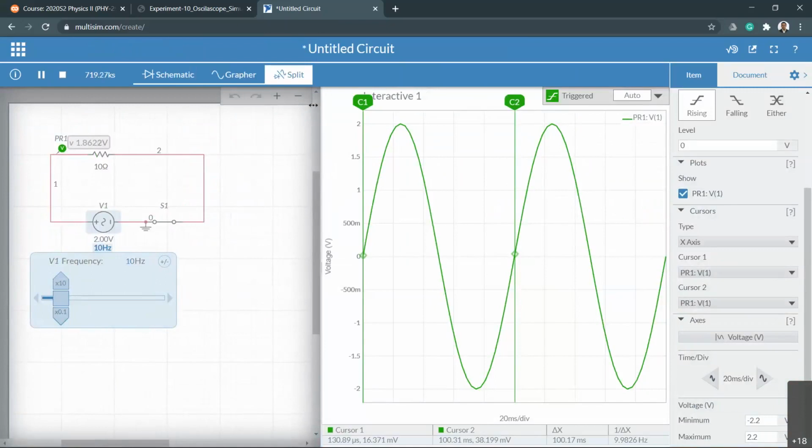But actually in a real class, this is much easier to do because these cursors, I can move very, very slowly by rotating a knob. So because of that, it's very easy doing this measurement. It's not difficult at all. Even easier than this virtual case.